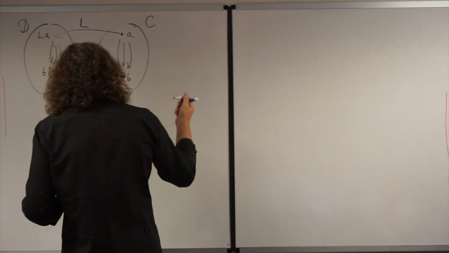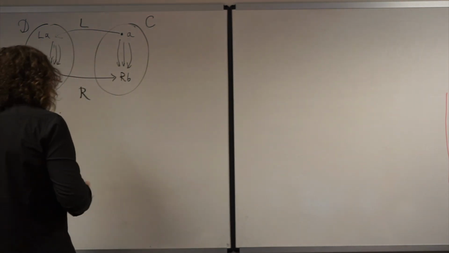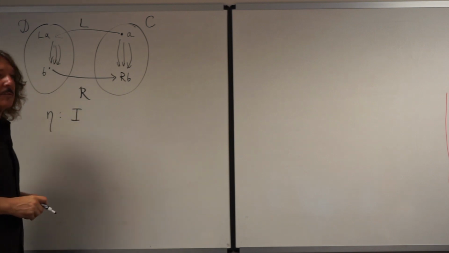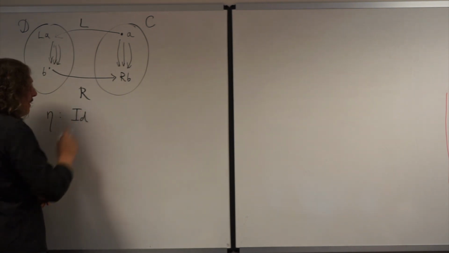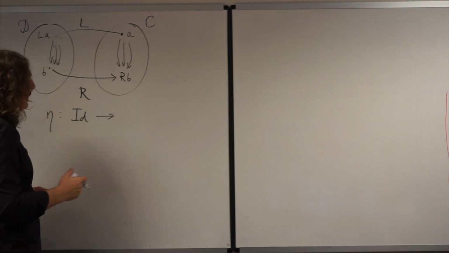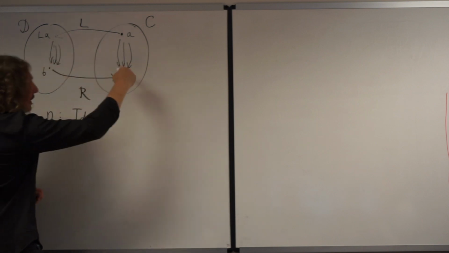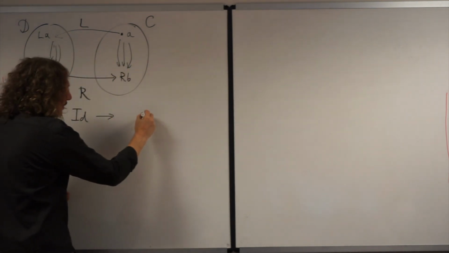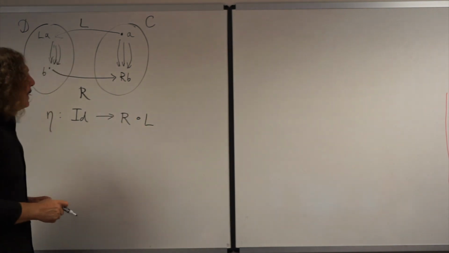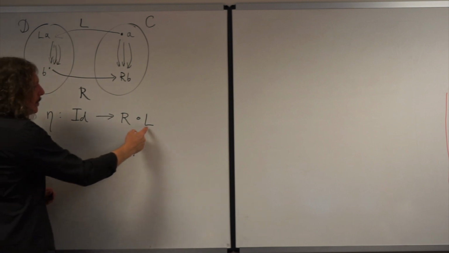So a unit is a natural transformation that goes from the identity functor to the endofunctor that goes first left and then right. So first left followed by right. Okay, so that's how we write it.